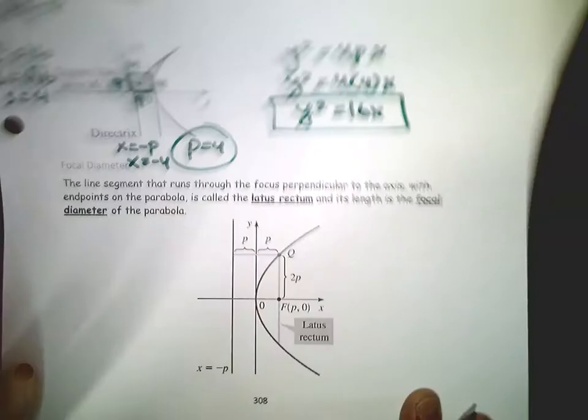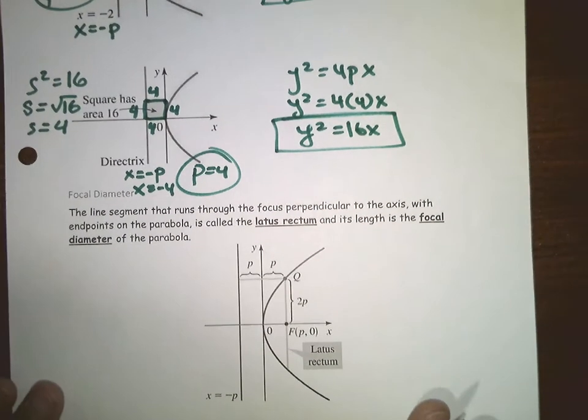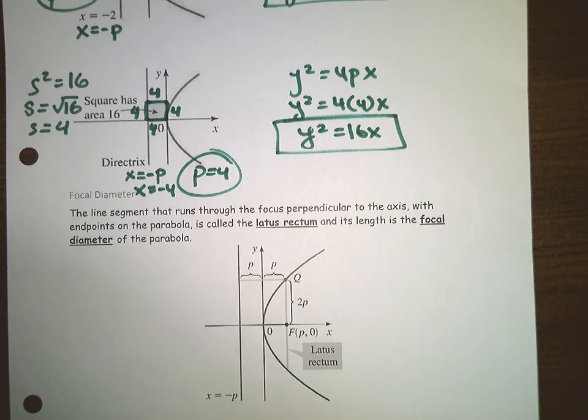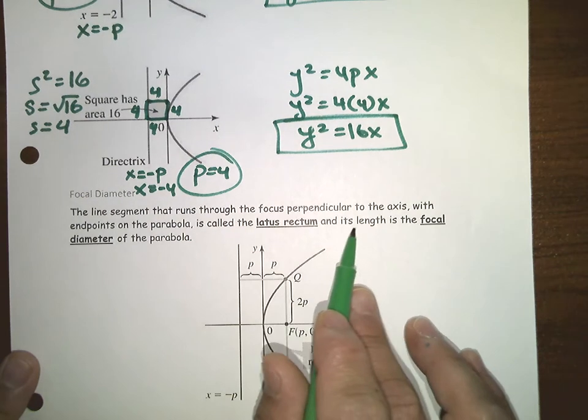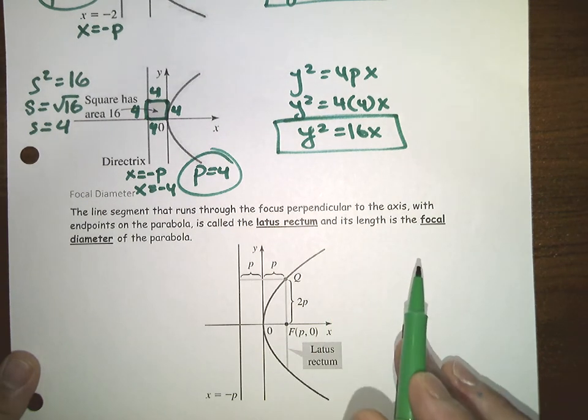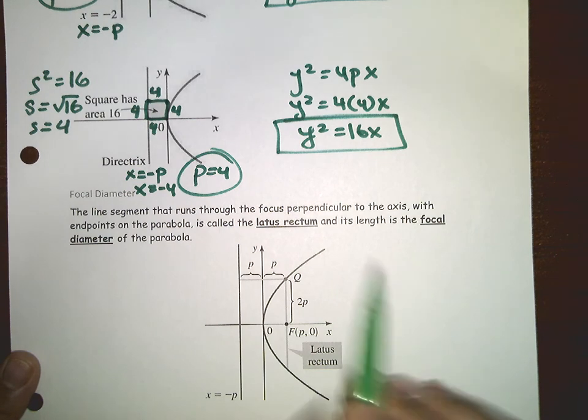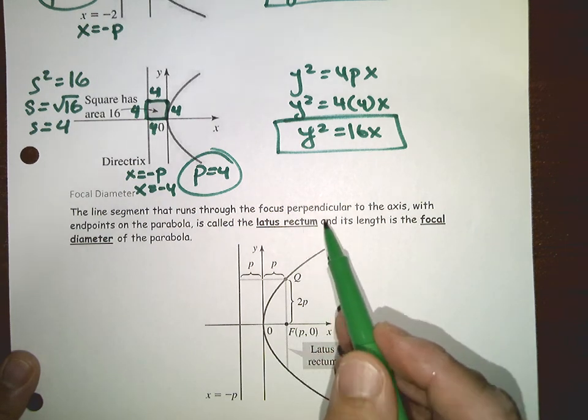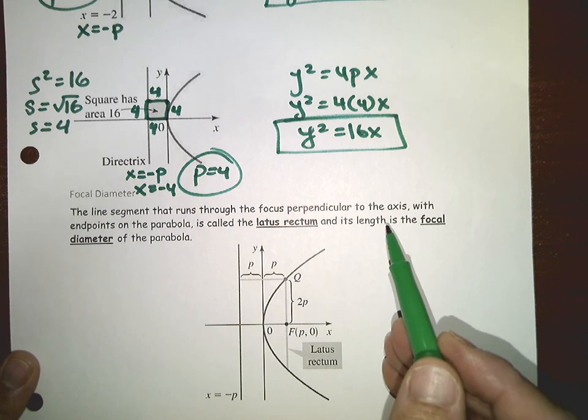All right. The other thing then that I have not talked about is the focal diameter, and that's the segment that runs through the focus perpendicular to the axis with the endpoints on the parabola, and that's the latus rectum, and its length is the focal diameter of the parabola. So what that is saying is it's running through the focus perpendicular to the axis.